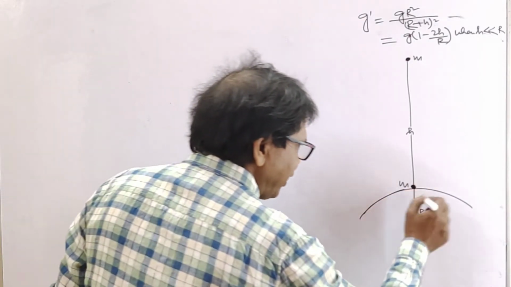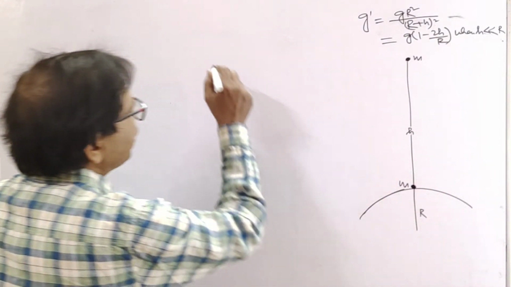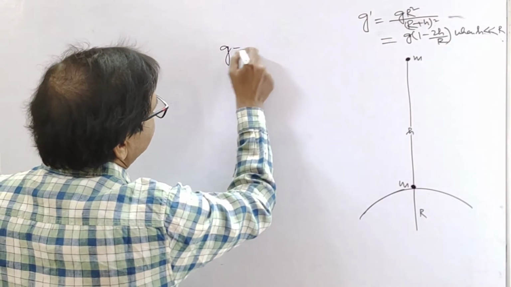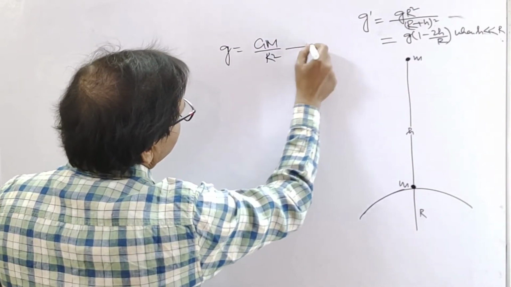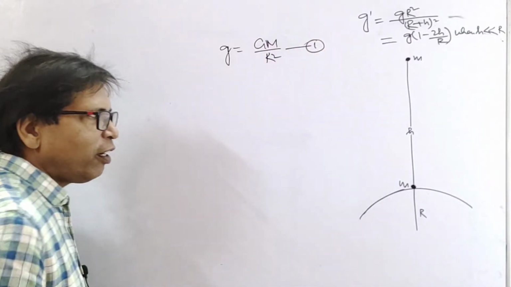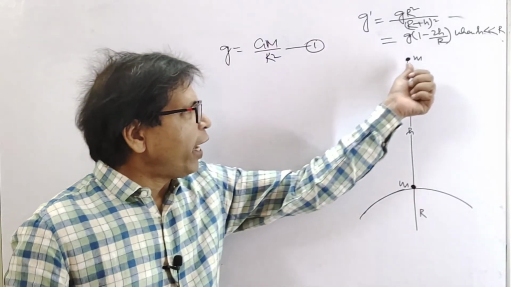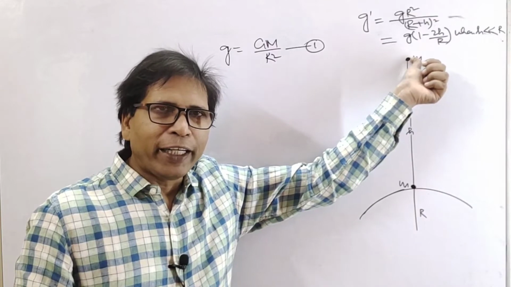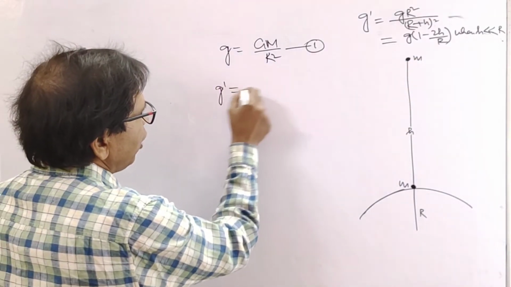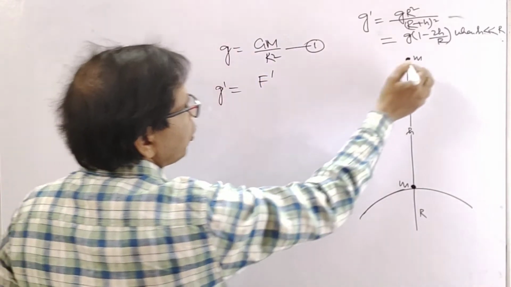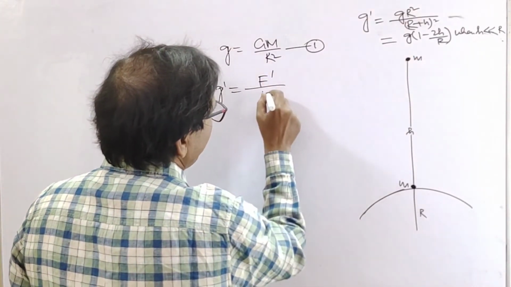We know the acceleration due to gravity on the earth's surface is g equal to GM by R squared. This is equation number 1. Now the acceleration due to gravity at an altitude h is g'. Here it is the force of attraction on small m divided by its mass.